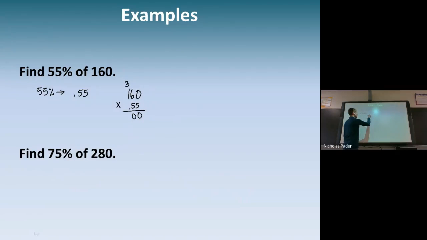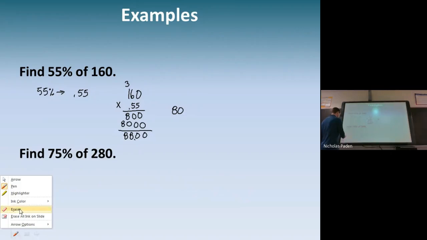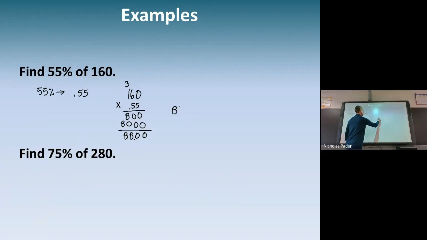So 30 there, get 8 there, add a 0. Don't forget to add your 0 the second time. Do the same thing here. I get 8800. Move your decimal point 2 times to the left. So 55% of 160 would be, I'm sorry, not 80, but 88. Okay, so 88 is 55% of 160.